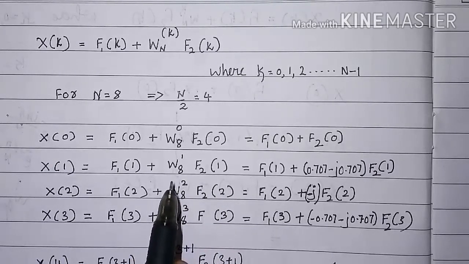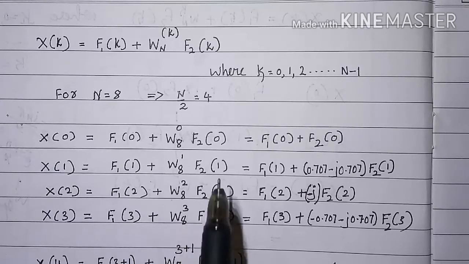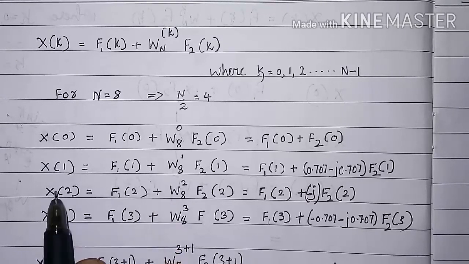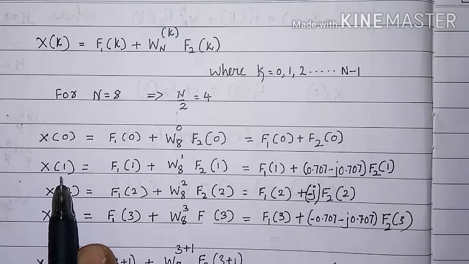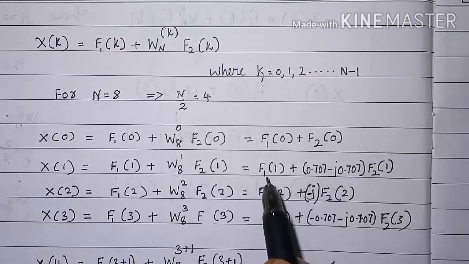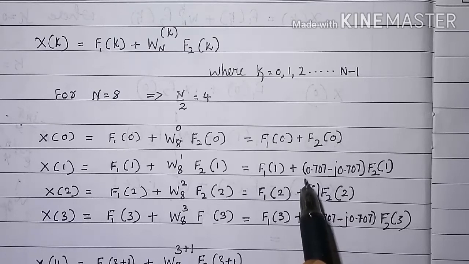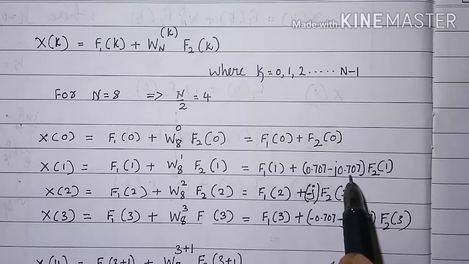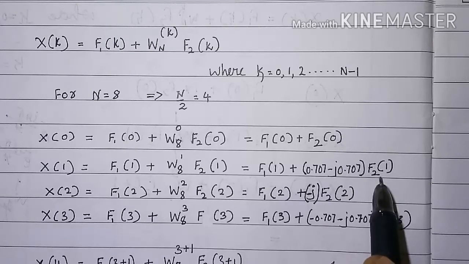W8 raised to 1 value is 0.707 minus j 0.707. Therefore, X of 1 will become F1 of 1 plus 0.707 minus j 0.707 into F2 of 1.